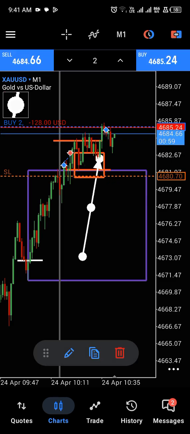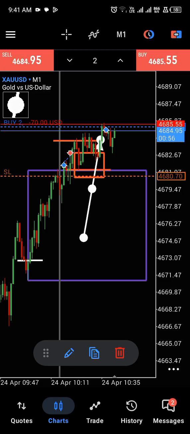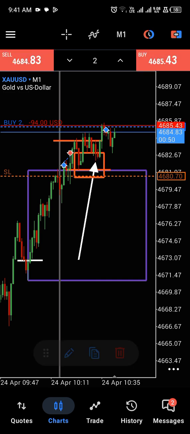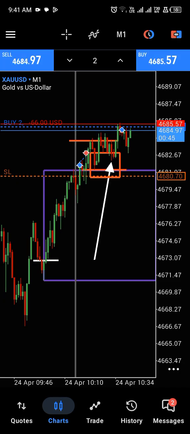The original entry was supposed to be here, but the whole setup is this. So I'm also seeing strong confluences of buys.